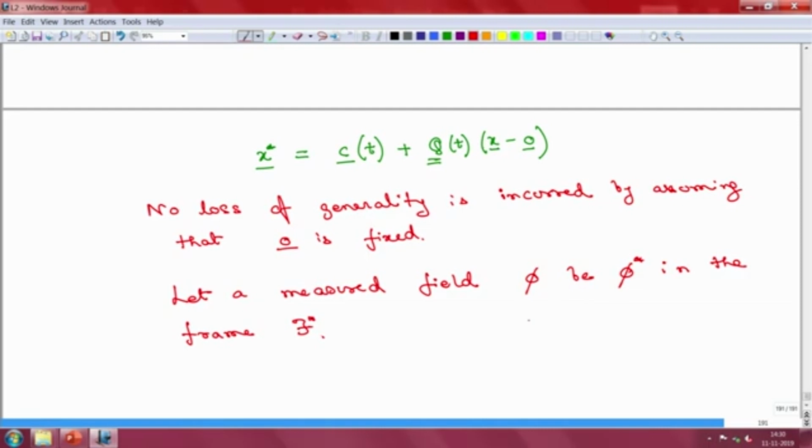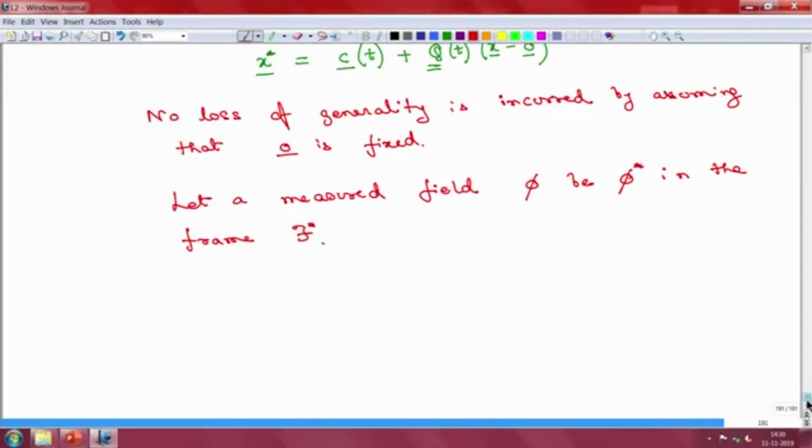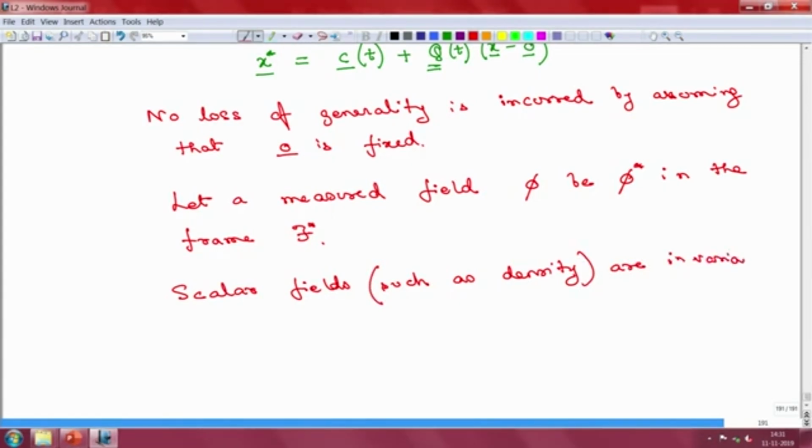And let this be a scalar quantity for the time being. If it is a scalar quantity, then we say that the scalar fields are invariant if they retain the same value when they have changed the frame. So, we will say that scalar fields such as density, for example, are invariant to a change of frame.